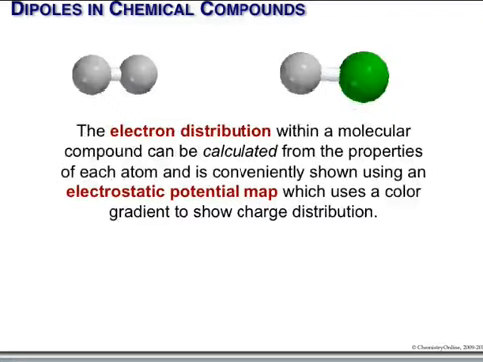What the electrostatic potential map does is it calculates essentially the electron distribution in the molecule. This is real useful. We'll see that.